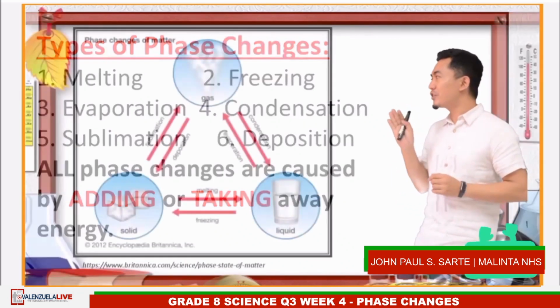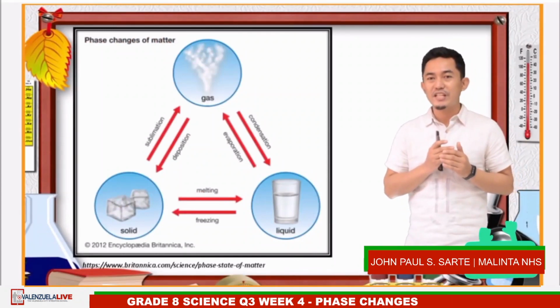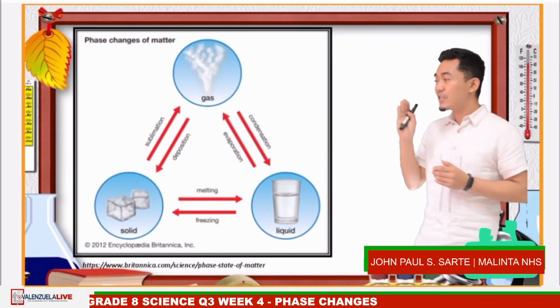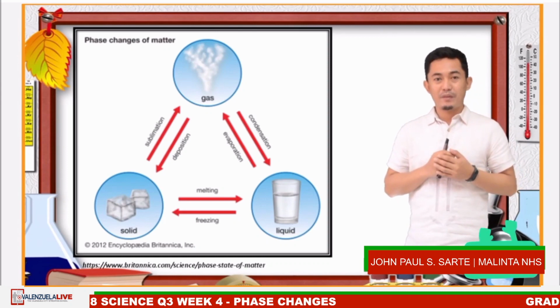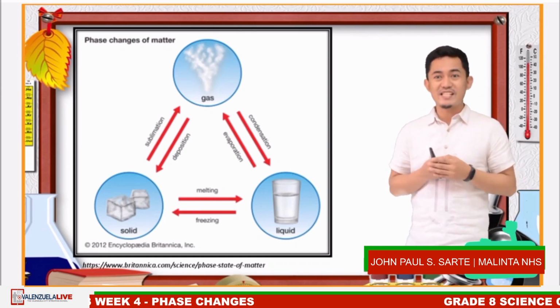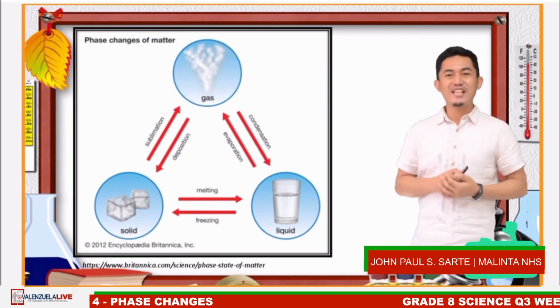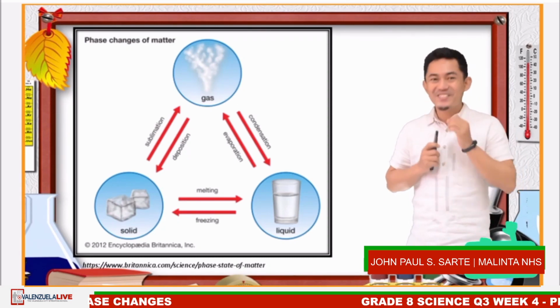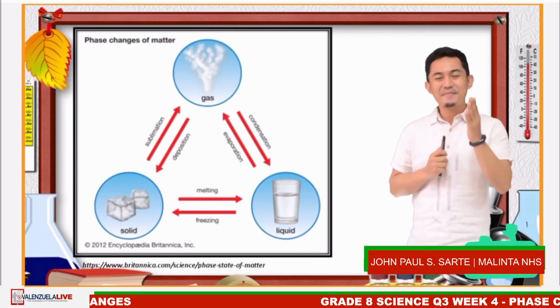Here is the illustration of how phase changes happen from one phase to another. And for you to understand more about phase changes, let us discuss each phase. Are you ready? Let's begin!